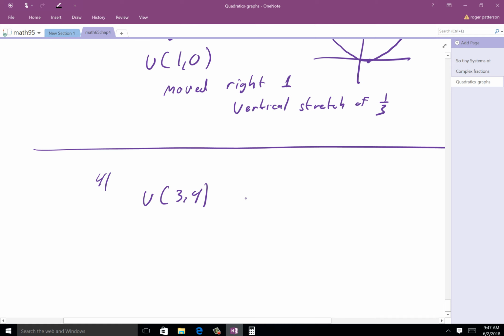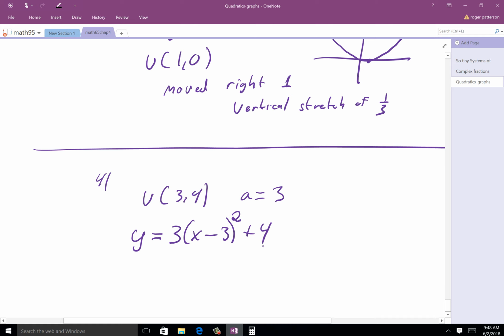So it says, write the vertex form and then write it in general form. And it says the vertex is (3, 4), and A is equal to 3. Okay, so I'm going to write it in vertex form first. A is 3. X, what are we going to put inside here? X minus 3, squared, plus 4. There. I wrote it in vertex form.